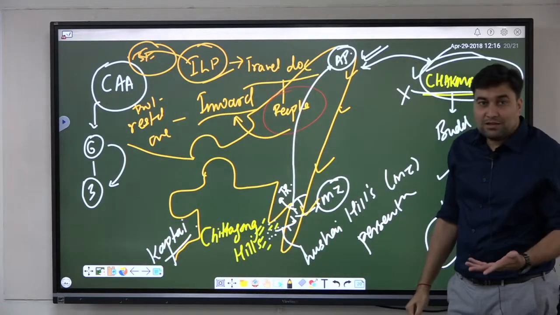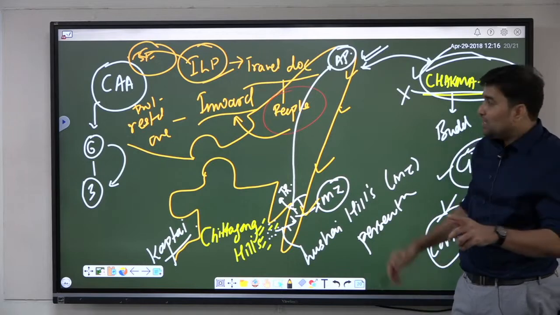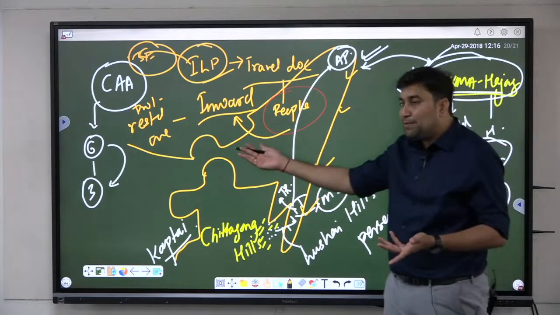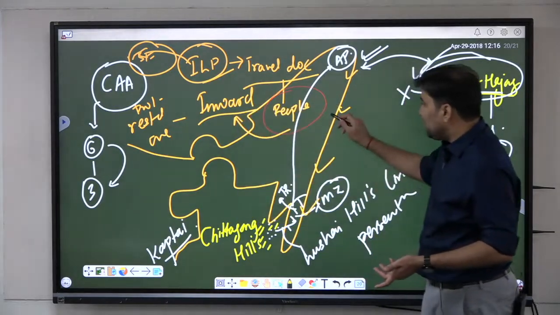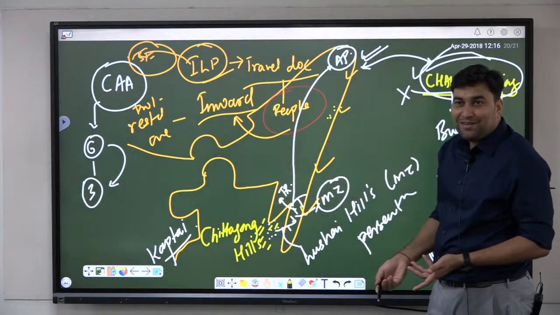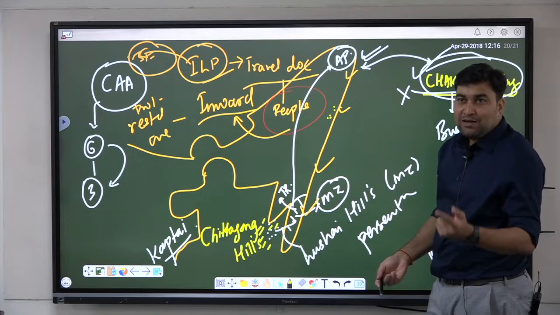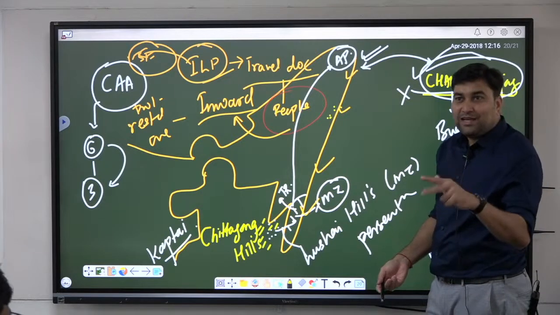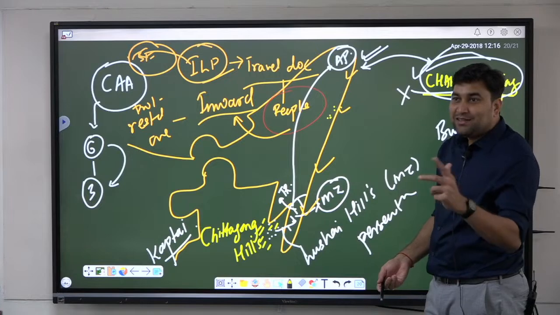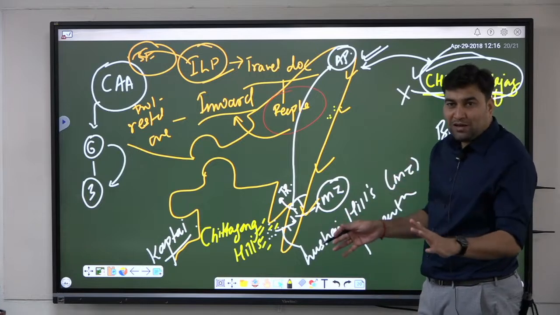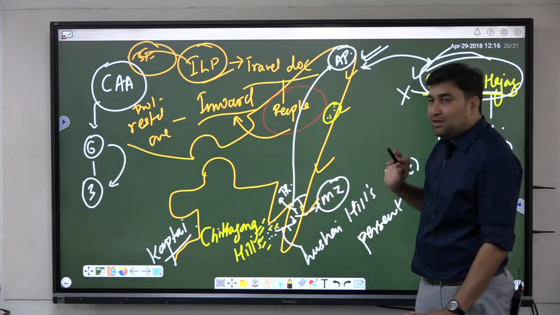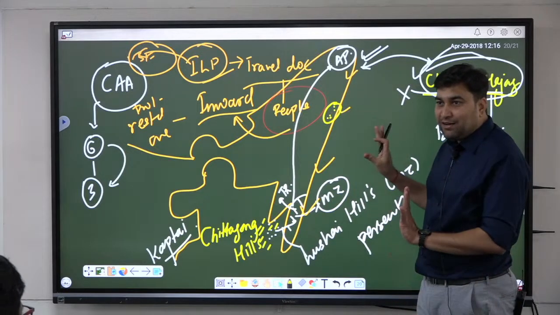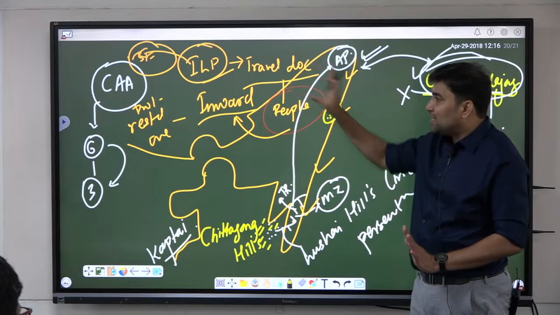Why was it done? Imagine the same problem that is happening with Bodos: outside people coming and living here. What will happen? Change in demography, conflicts, alienation of land rights, discrimination, ये सब कुछ होगा. So rather than that, the best way is, if these are the indigenous people, I am going to protect this area by demarcating it as an ILP.